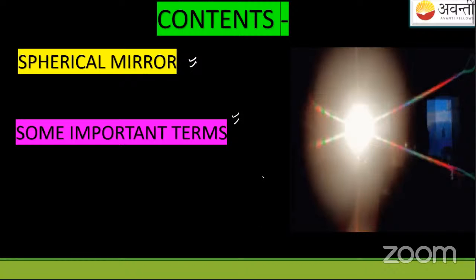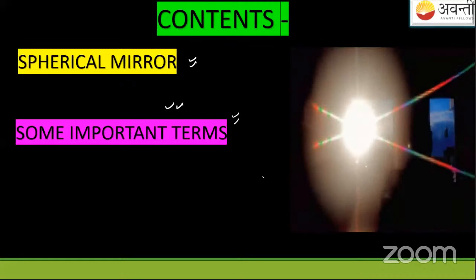So these are the contents of today's class. Today we'll start spherical mirror. We'll understand what a spherical mirror is. We'll understand the types of spherical mirror, two types basically. We'll understand some important terms related to the spherical mirror.